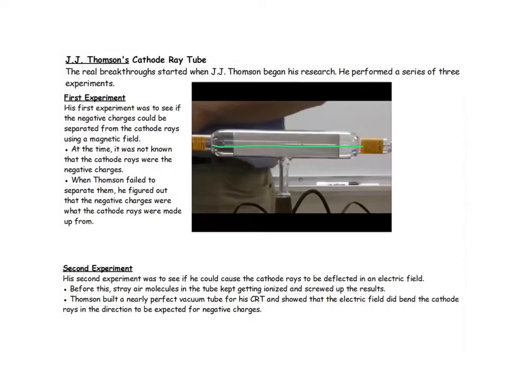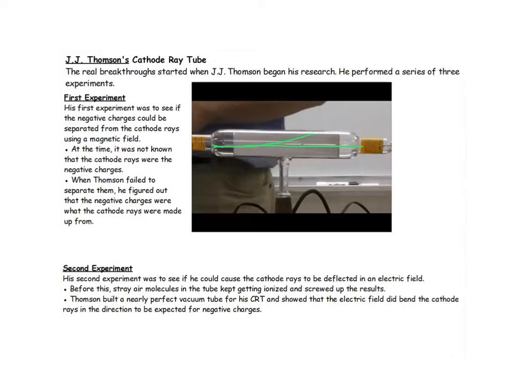And he saw that as this magnet was brought up to it, it was deflected as it would if it were a negative particle. We can think about that using our hand rules, which direction it should go. Now, it deflected like it was all negative charges. So it wasn't just negative and positive charges combined. Those cathode rays would deflect like they were negative charges only.